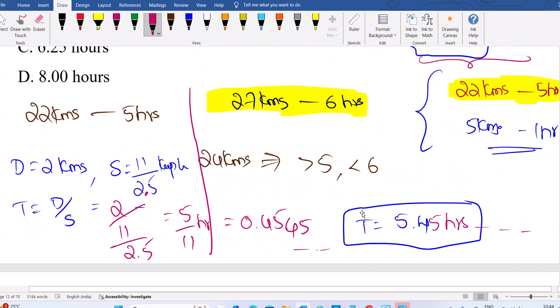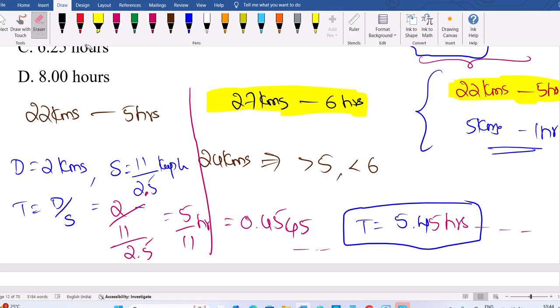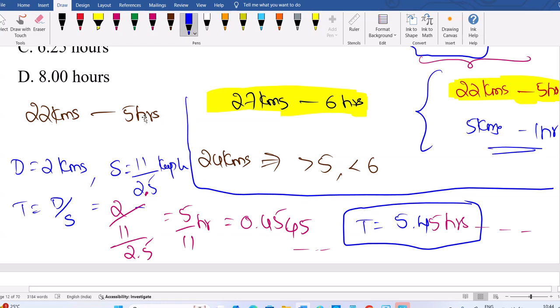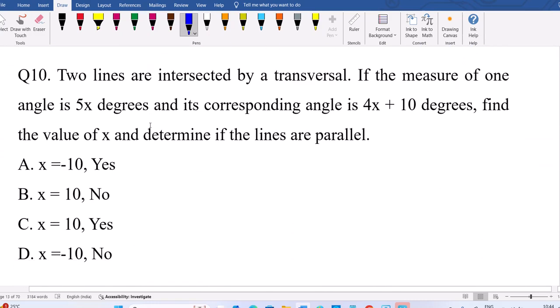They said in the question average speed is maintained, so average speed is 11 by 2.5. Distance pending is 2. Using that, this 2.5 will go to the numerator. 2 into 2.5 is 5. 5 by 11 is 0.45 we can consider. So total time taken we can say 5.4545, keep going. Now let's see about this question.